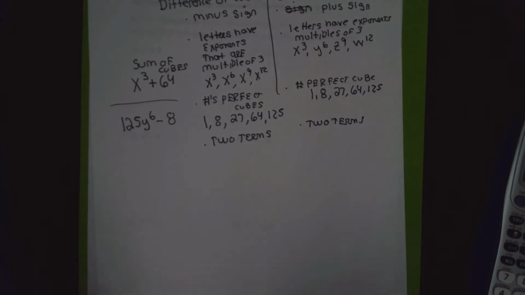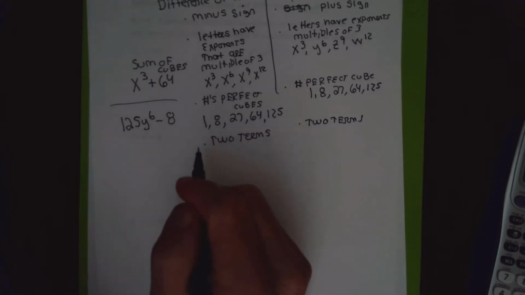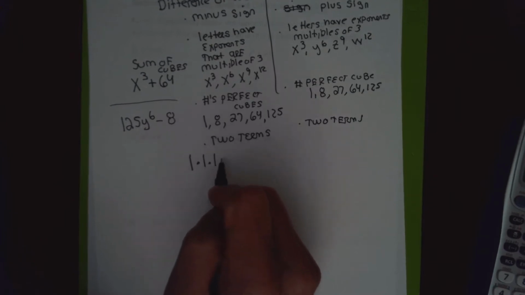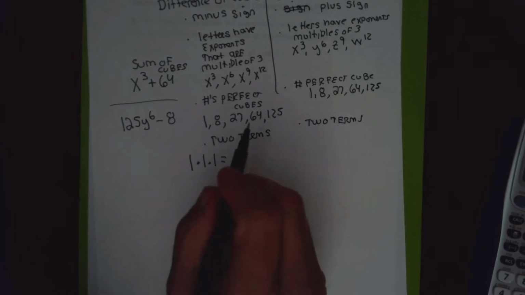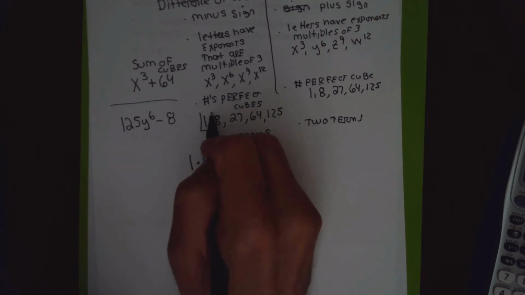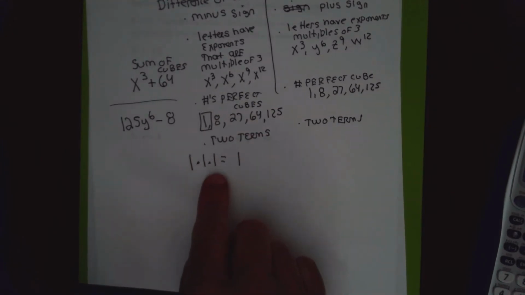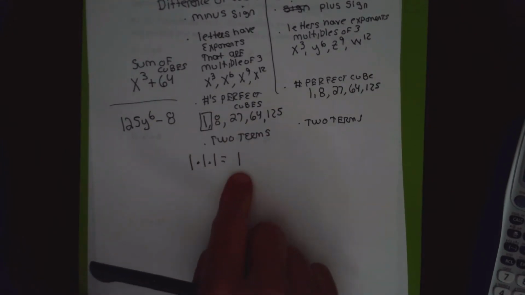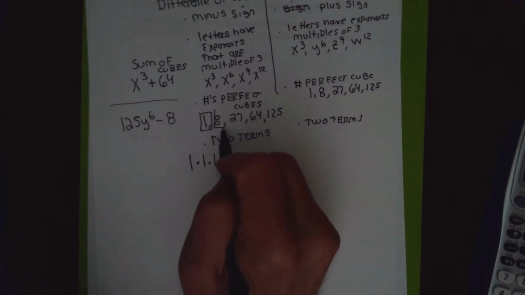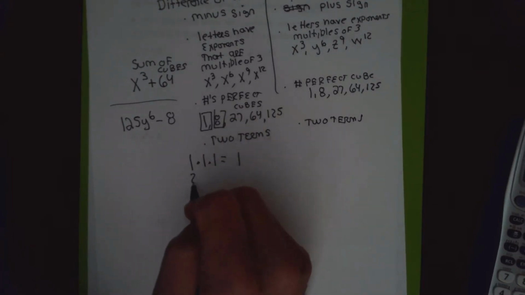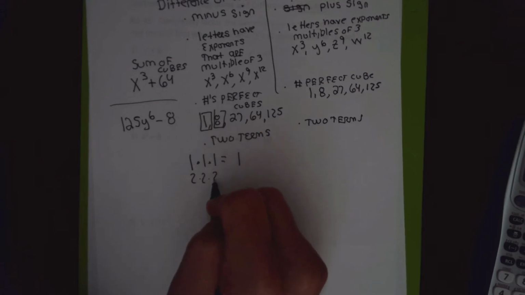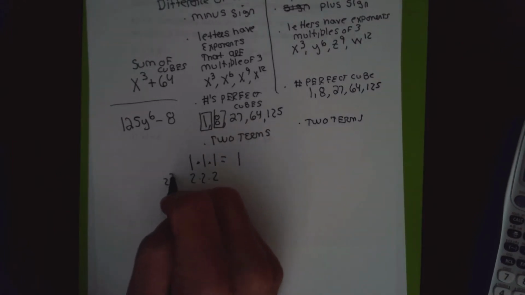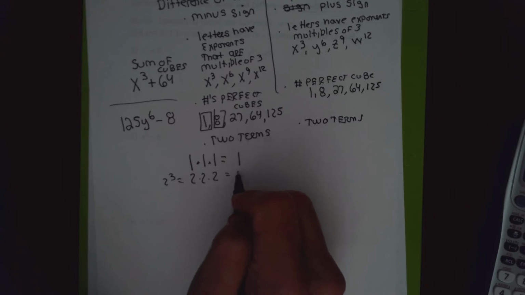Specifically, I say 1 is a perfect cube because there are 3 identical numbers that multiply out to be 1. So 1 is in my list of perfect cubes because 1 times 1 times 1 is 1. 8 is a perfect cube because 2 times 2 times 2, which is 2 cubed, equals 8.